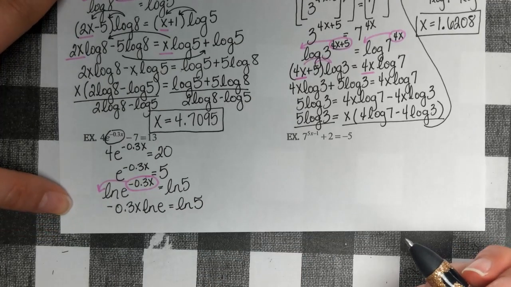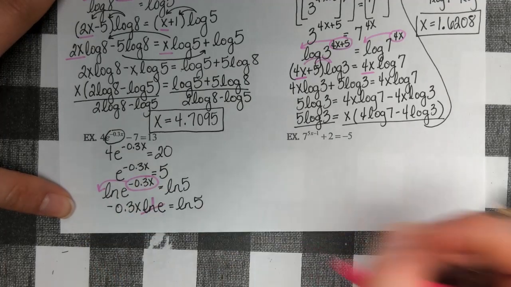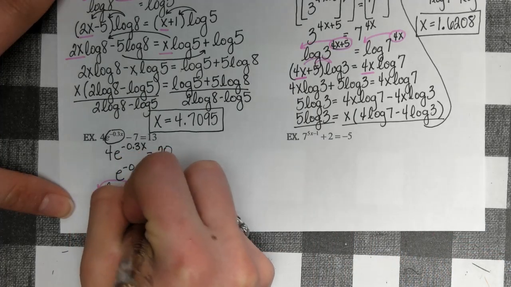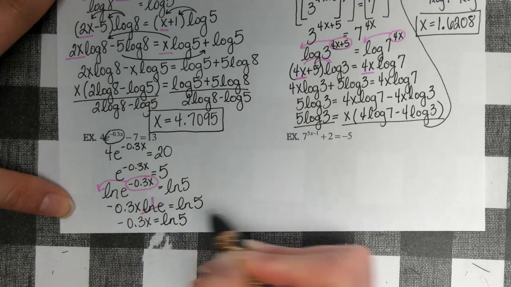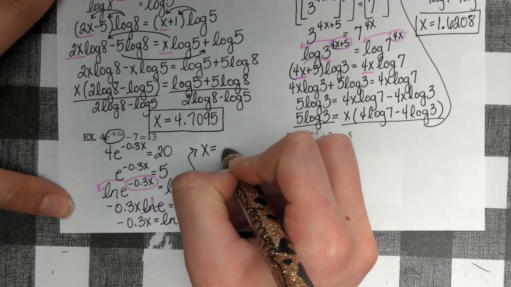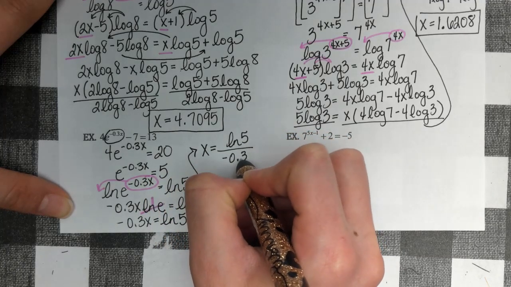What do I know about the natural log of e? It's 1. So I just have negative 0.3x equals natural log of 5. So what do I do? I've got natural log of 5 divided by negative 0.3.